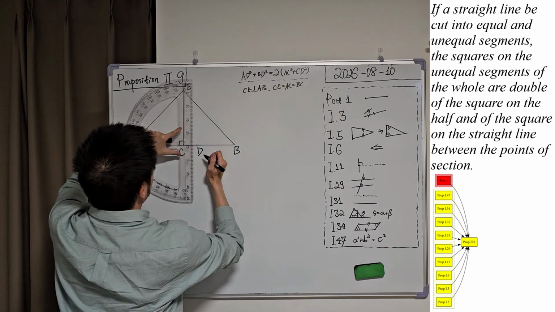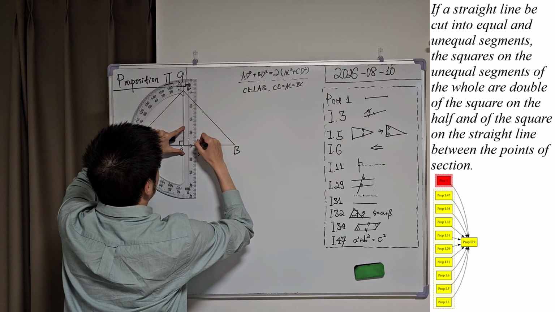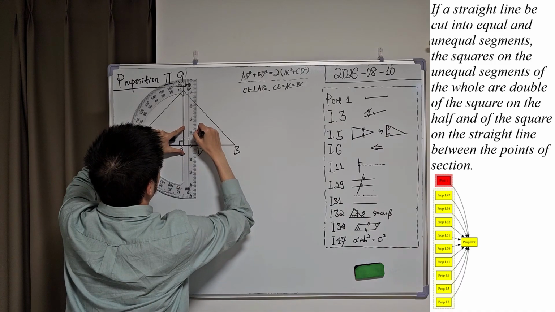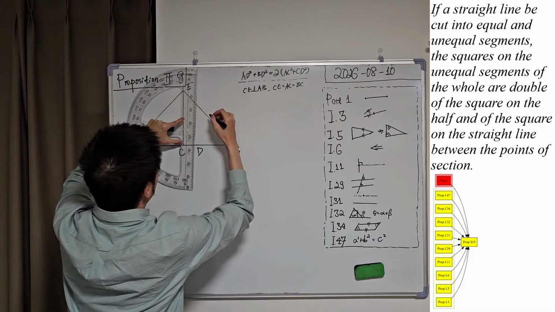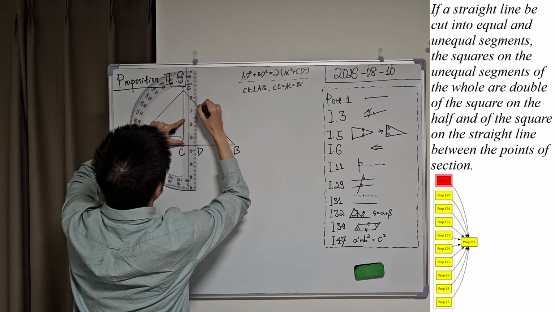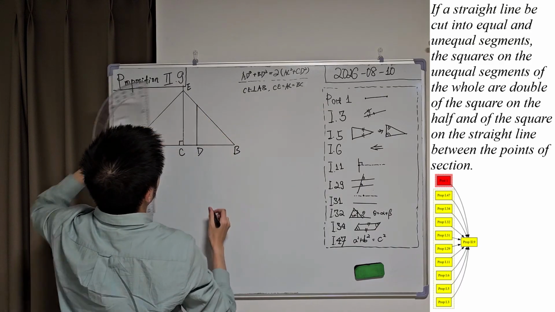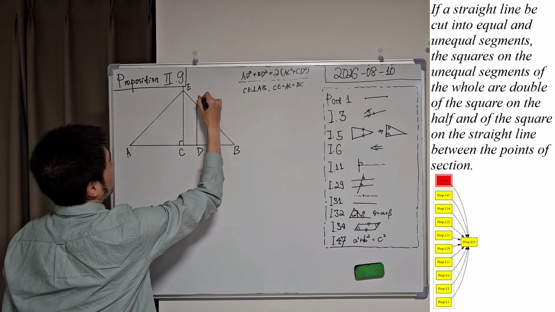This time we construct a straight line through the point D that is parallel to CE. And let's assume this straight line meets BE at a point F.